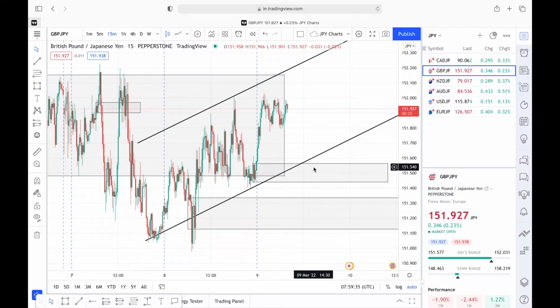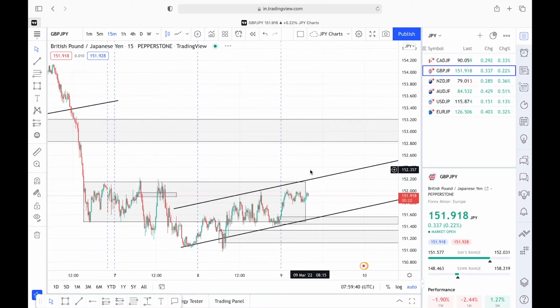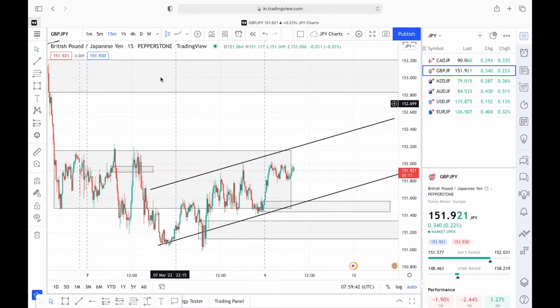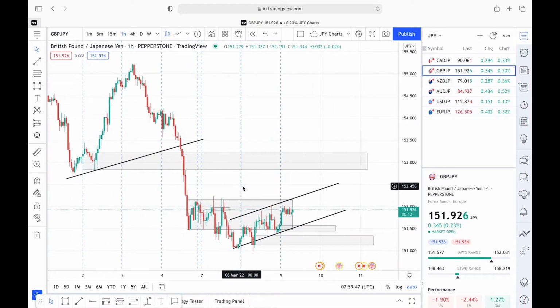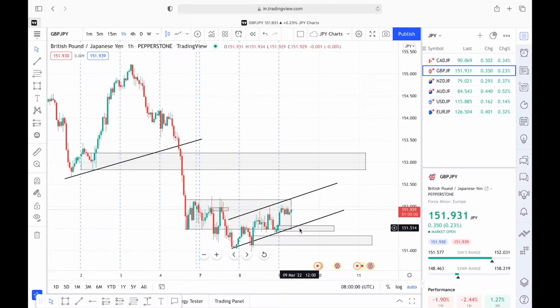So implication, I just want a very nice close, the candle body to close above here, then come down to pick order from those very points.